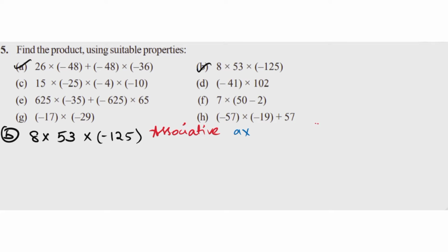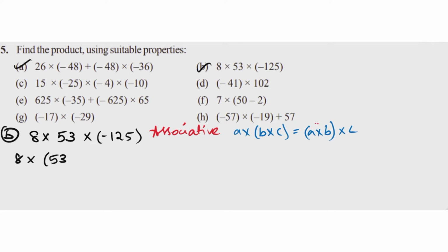The formula for associative property is nothing but A multiplied by B into C is equal to A multiplied by B into C, with the grouping changed. So this is the formula for associative property. I hope you understand. So we can do it by this now.